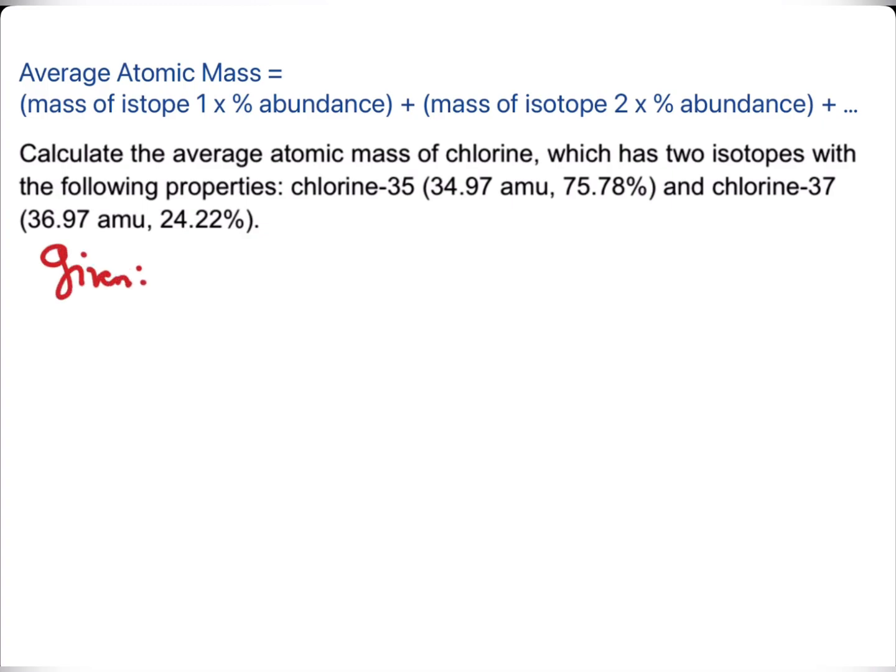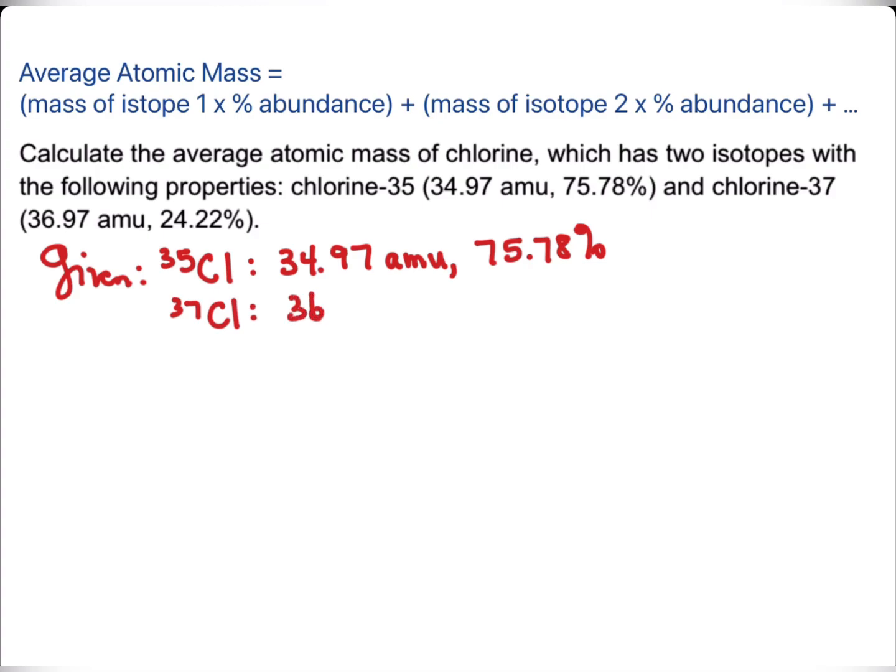So my first isotope, which is chlorine 35, has 34.97 AMU, and its percent abundance is 75.78%. Chlorine 37 is 36.97 AMU, and its percent abundance is 24.22%.